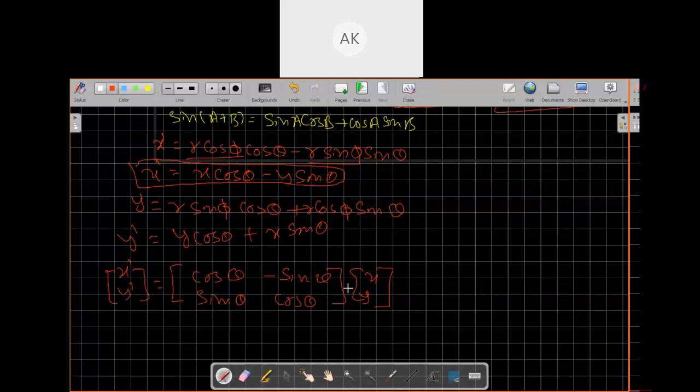Now see one example. Before we start the example, here we have calculated the formula for rotation of an object when we rotate our object anti-clockwise.